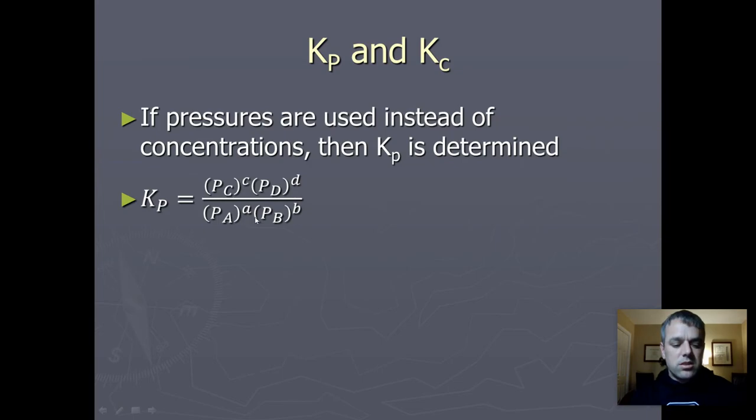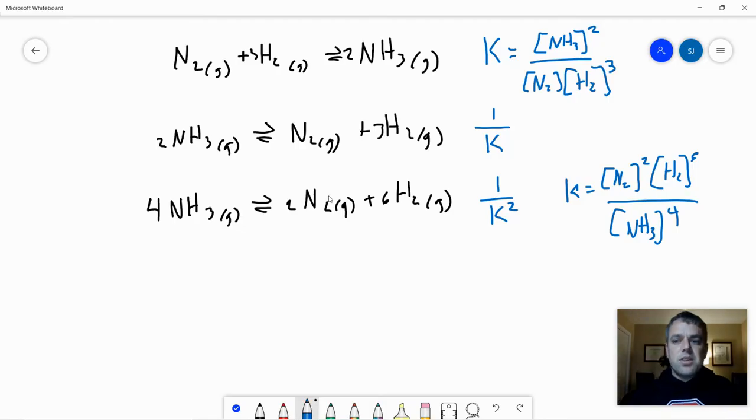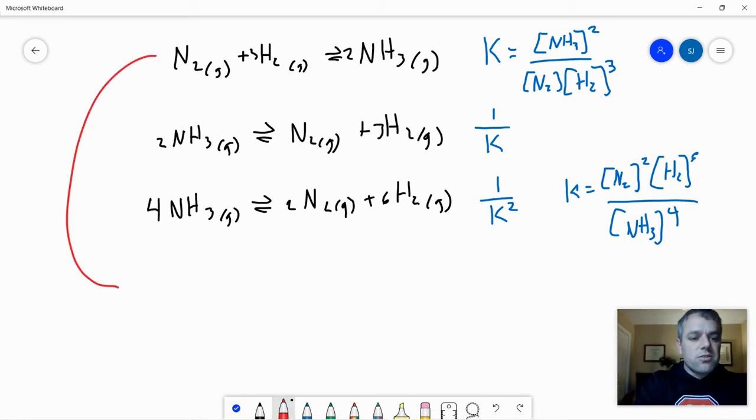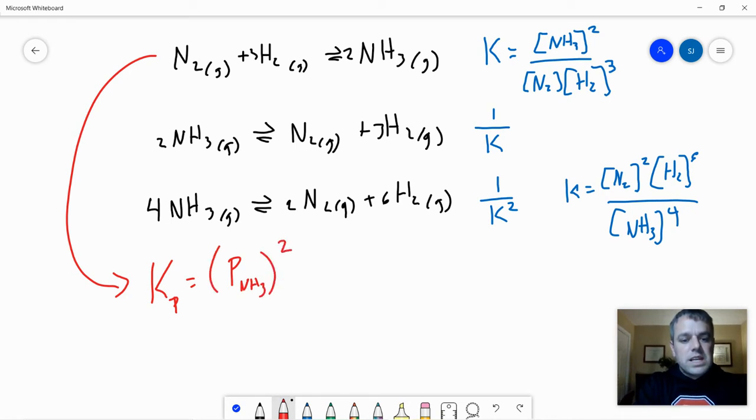Now, let's take a look back at this example. If we wanted to write a Kp for this first reaction, Kp would equal the partial pressure of NH3 squared divided by the partial pressure of nitrogen times the partial pressure of hydrogen cubed.